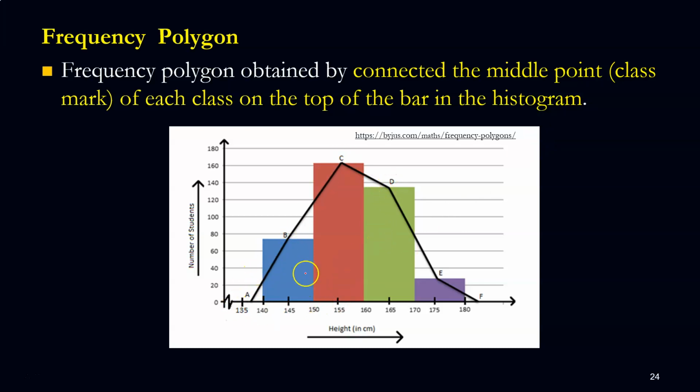Kalau tadi you have like this kan? You just connect yang ni, titik tengah dia, this one, tengah-tengah, this one and this one. You sambung. Kalau yang dekat sini, you just ambil lah somewhere dekat sini yang titik tengah. And then you turunkan dekat sini yang titik tengah jugalah. So you just connect all these titik tengah punya points. So this is going to be your frequency polygon. Okay?